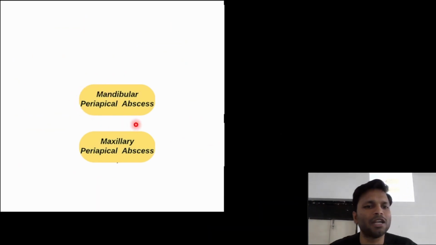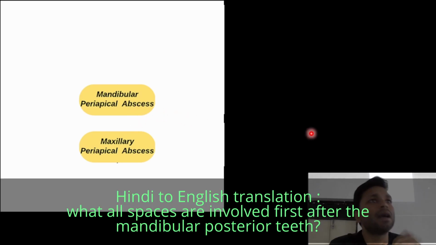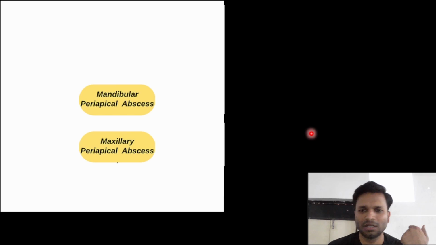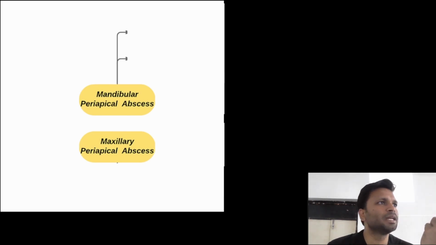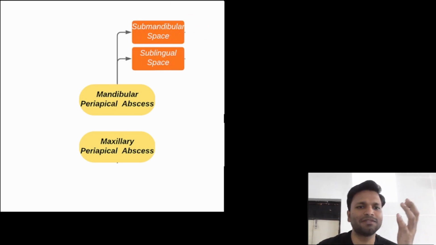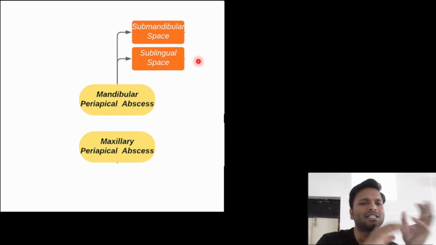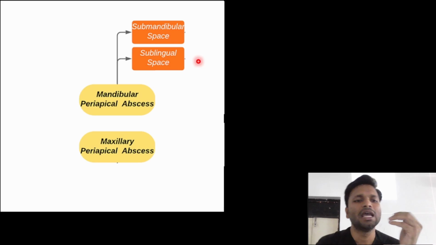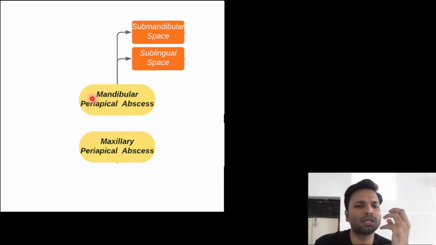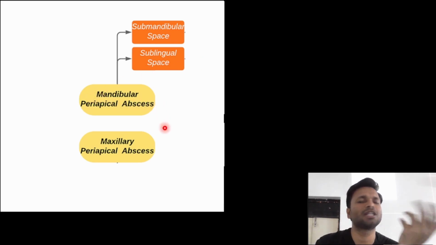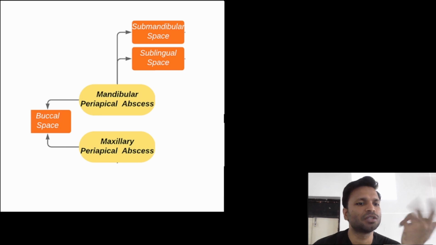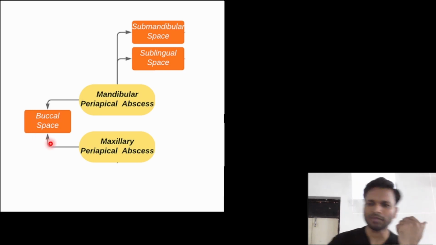So, suppose there is a mandibular periapical abscess. What are the spaces that are involved first? From mandibular posterior teeth, which spaces will be involved first? Submandibular and sublingual, that was the lingual side. If the infection spreads to the lingual side, the submandibular and sublingual spaces are involved. If the infection spreads to the buccal side in cases of mandibular and maxillary posterior teeth, it is vestibular or buccal space infection, right? So we have the buccal space.